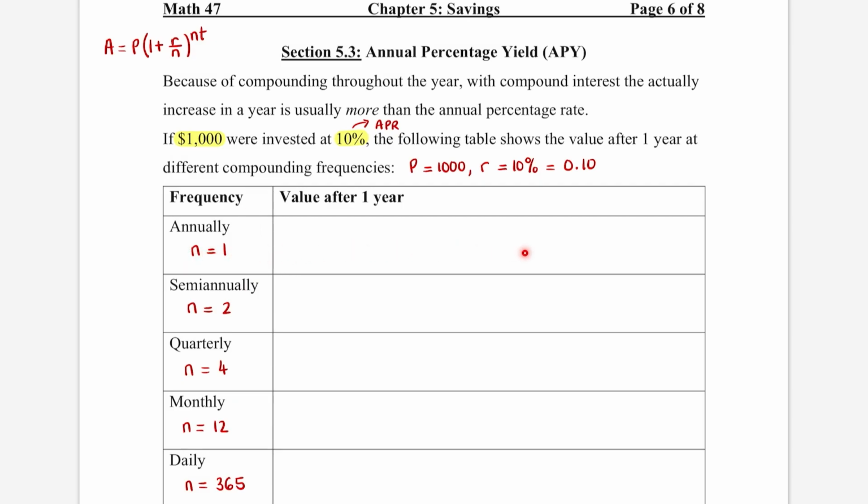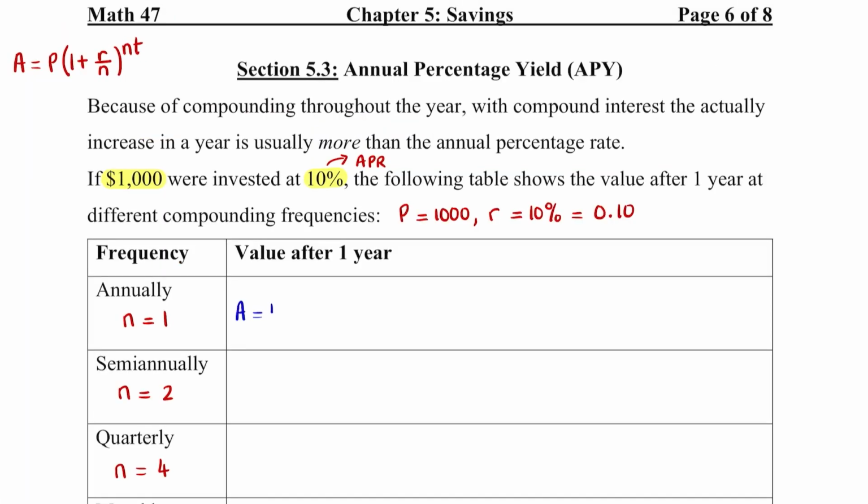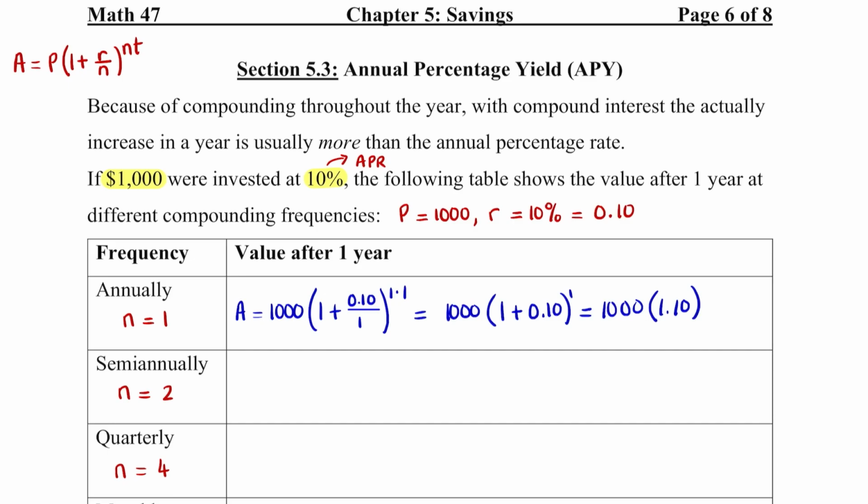So for the first row, I'll replace N with 1. A equals 1,000 times (1 plus 0.10 over 1) raised to 1 times 1. So that is 1,000 times 1 plus 0.10 to the first, which is 1,000 times 1.10, which is 1,100.